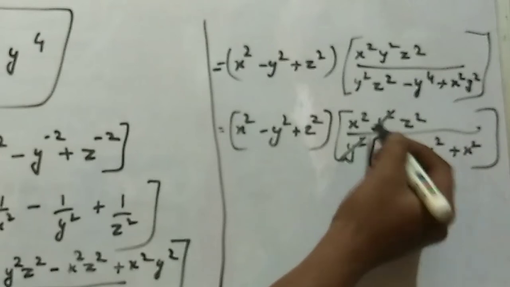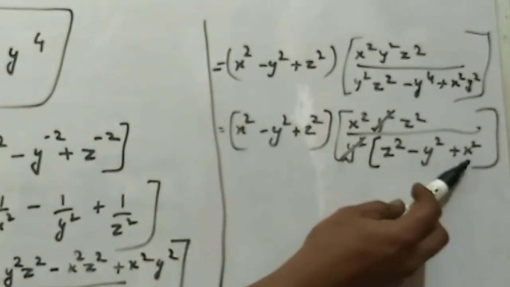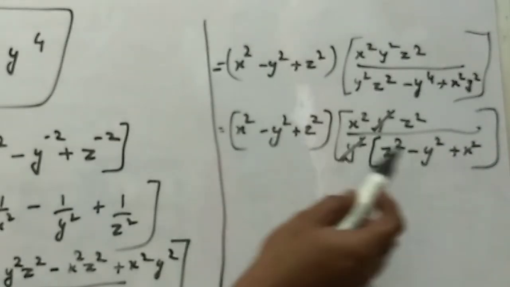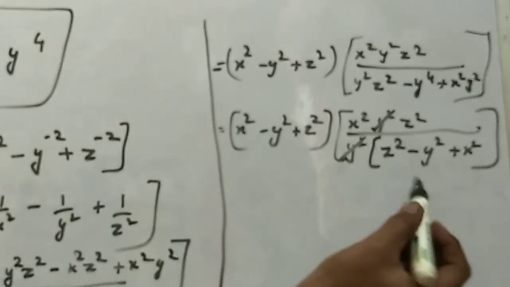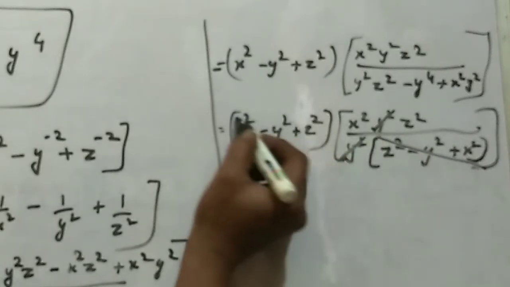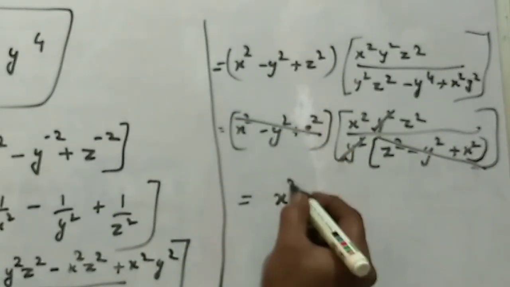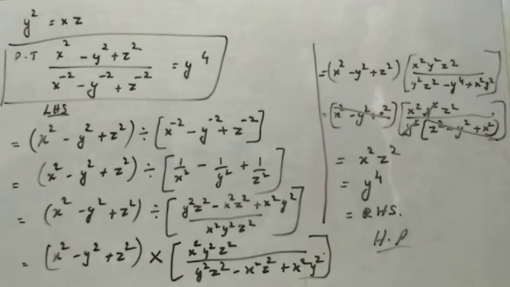So, this and this get cancelled. Now see, x² positive, here also positive, minus y², plus z², plus z². So, this bracket is same or not? So, cancel this bracket. So, what you will get? x²z², that is equal to y⁴, that is right hand side. Hence, proved. Clear? Understood?